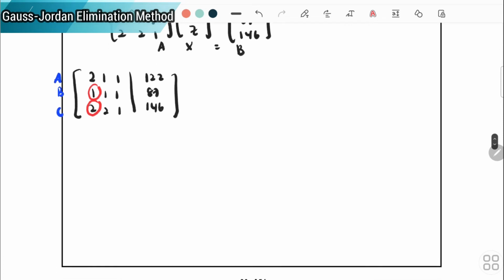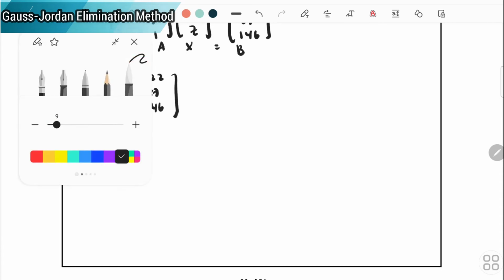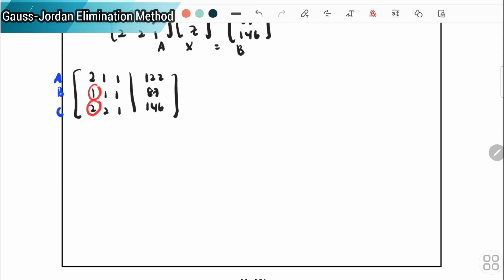So we circle these 2 elements, and then form the operations needed to form the new R2 and the new R3. The first row, row A, is the reference row to form the new second and third rows.